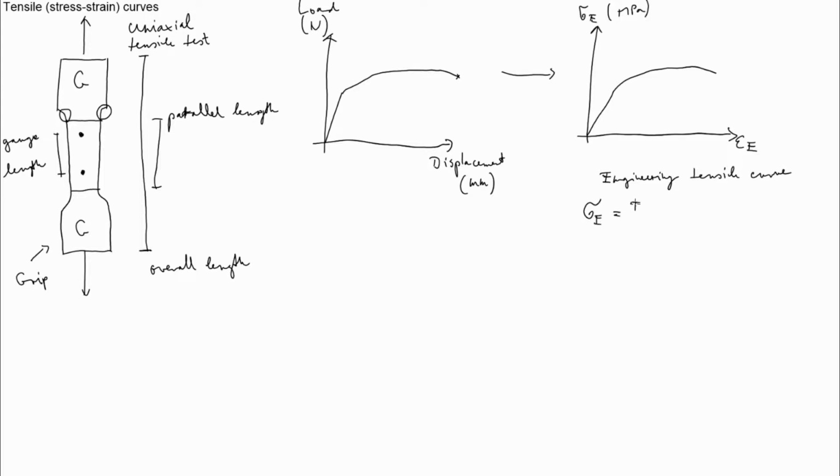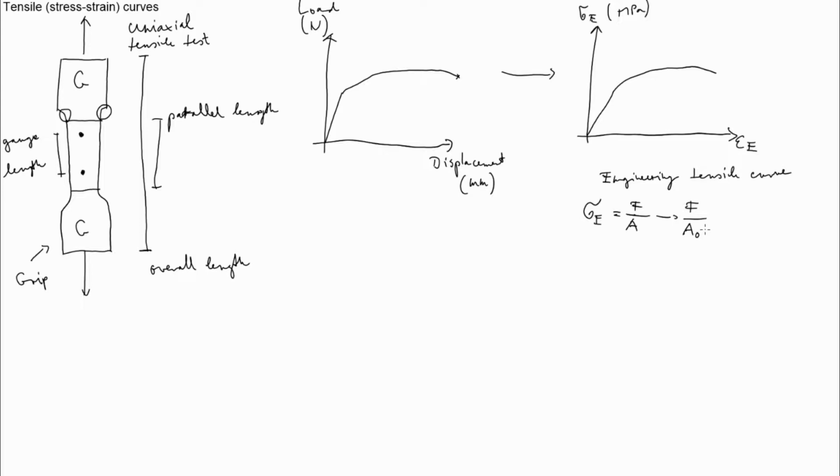Stress is force divided by the area, and the area in this case is the initial cross-section area of your specimen. If you have a rectangular specimen, then the thickness times the width of your specimen.